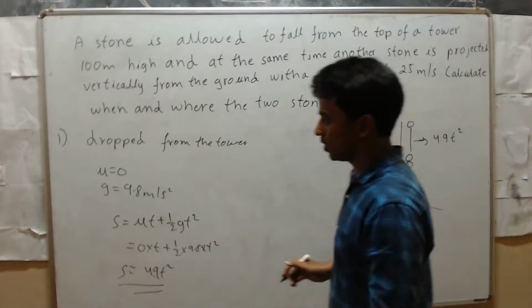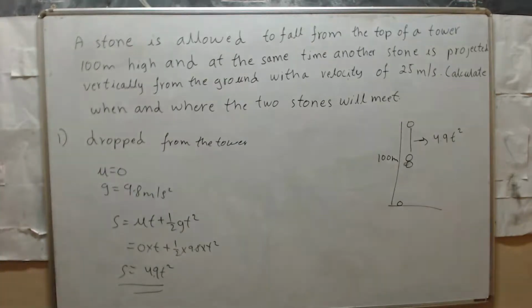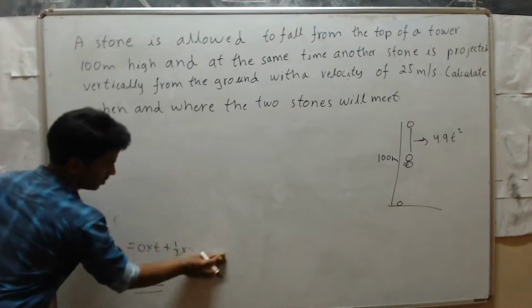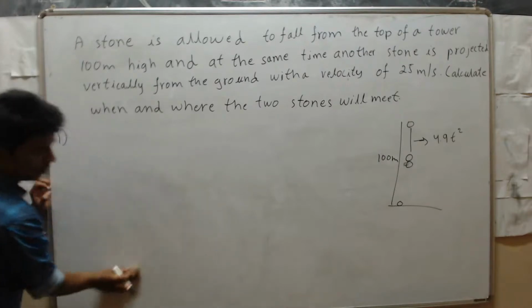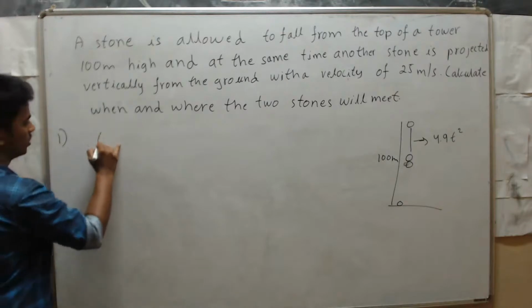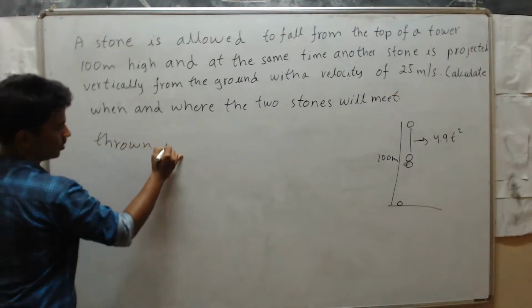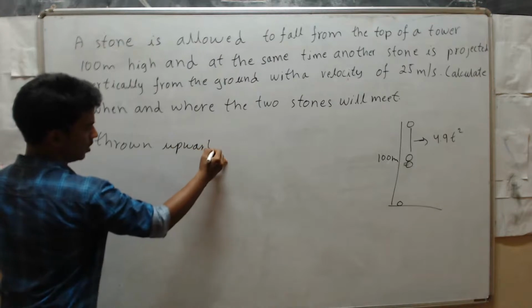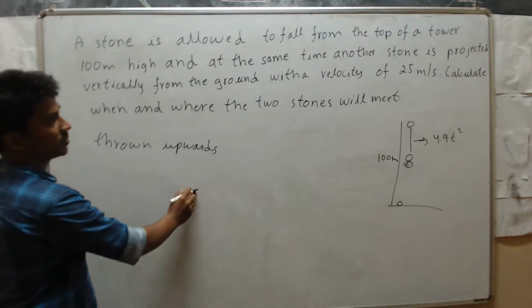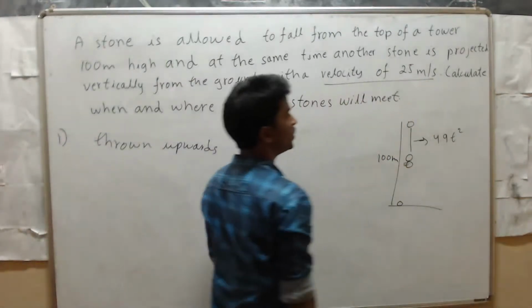Okay, now second case, projected upwards. For the stone thrown upwards, they have given that at the same time another stone is projected vertically from the ground with the velocity of 25 meter per second.